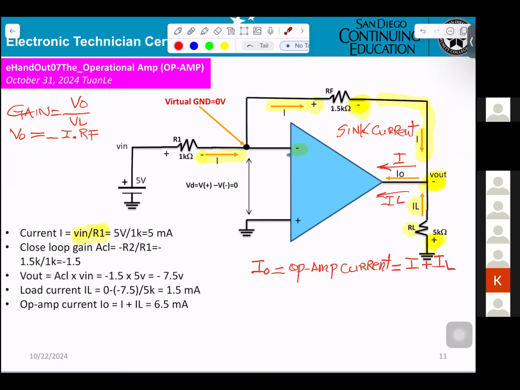So now I tell you what Vin equals: Vin equals I times R1. And Vout is minus I times RF.